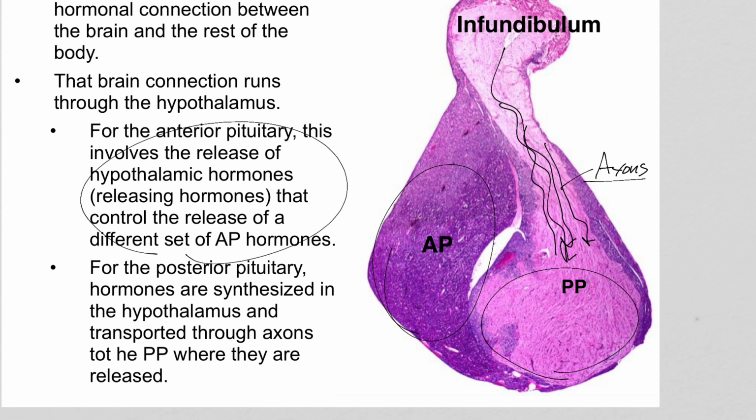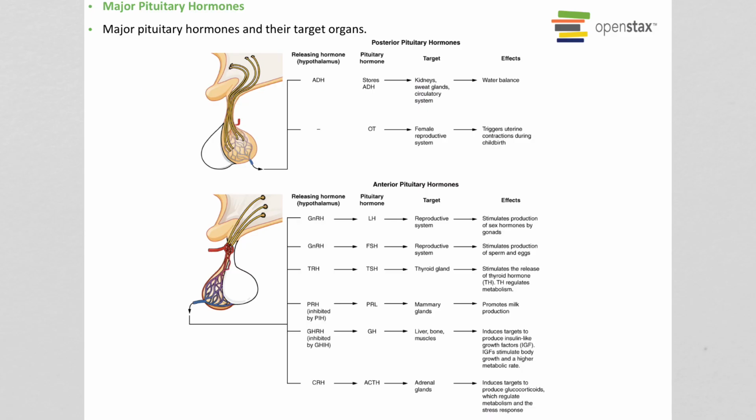That's why we see the much darker, denser staining on the anterior side. Okay, so either way, the pituitary is where the hormone gets released into the blood. It's just a matter of exactly how that happens on the posterior versus anterior side. And in the end, the hypothalamus is always the organ that's really in control. The pituitary is just sort of doing its bidding.